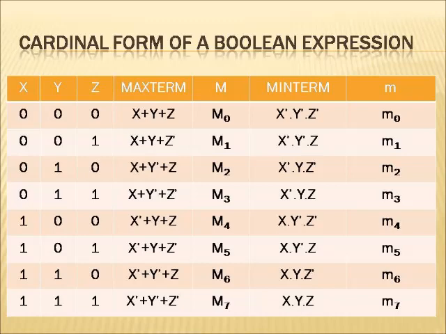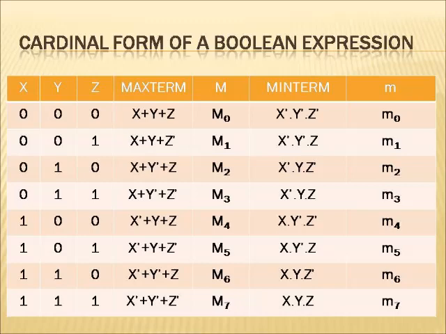So when we say x is equal to 0, y is equal to 0 and z is equal to 0, the maxterm means we join with the OR operator, that is x is equal to 0 in maxterm, it is a normal form. So we can write x plus y plus z, right? When we have x is equal to 0, y is equal to 0 and z is equal to 1, we can write it as x plus y plus z bar.